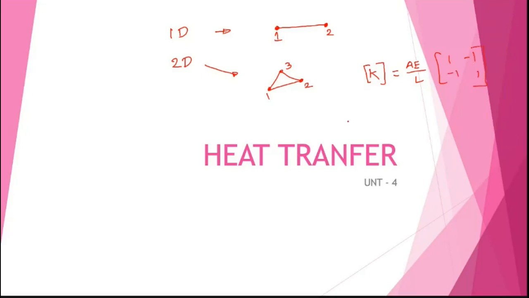You know that A indicates your cross-section area, L indicates the length, and E indicates your Young's modulus. For a heat transfer problem, instead of E we use K. So your stiffness matrix K is nothing but AK by L [1 -1; -1 1].